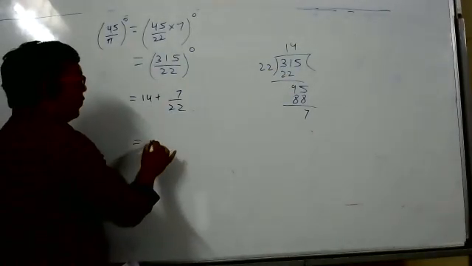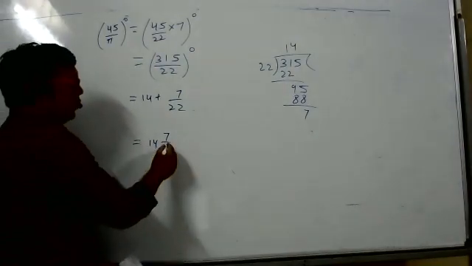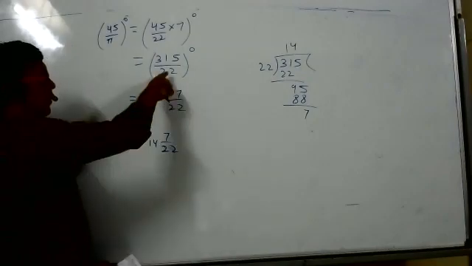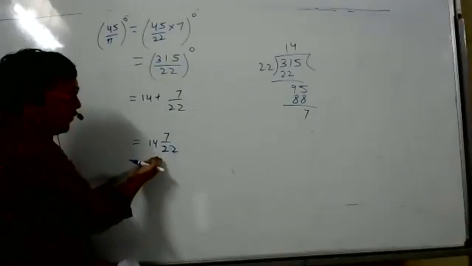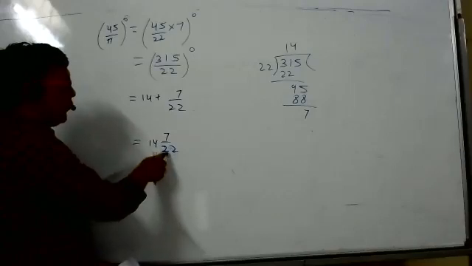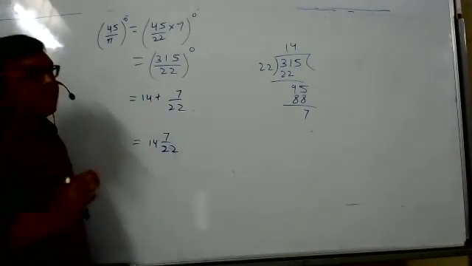Mixed fraction, you write 14, 7 by 22, like in 5th standard, 6th standard. Do you remember? Yes, sir. Mixed fraction we are not writing. In the place of this, I'm writing plus. Meaning is the same only. How to convert mixed fraction into improper fraction? 22 into 14 plus 7 only you do. So plus I wrote. Please ask some doubt if you have.